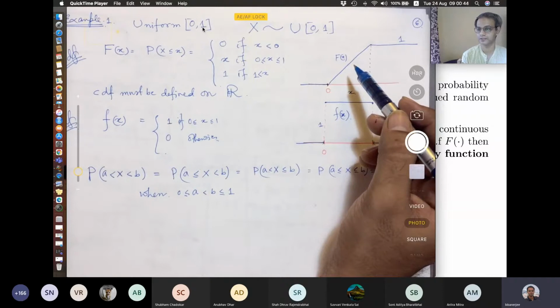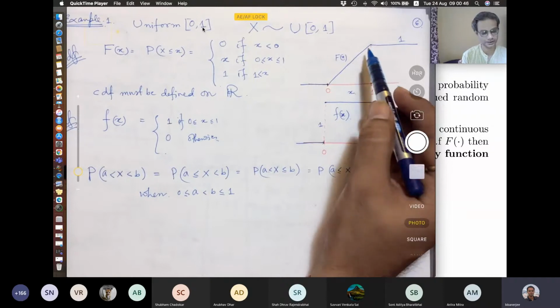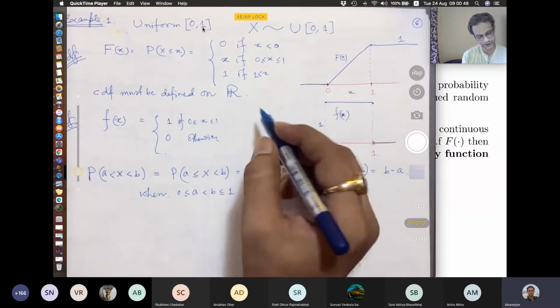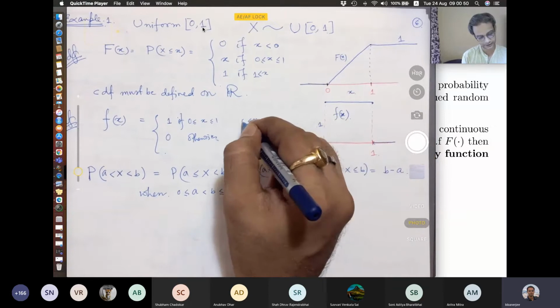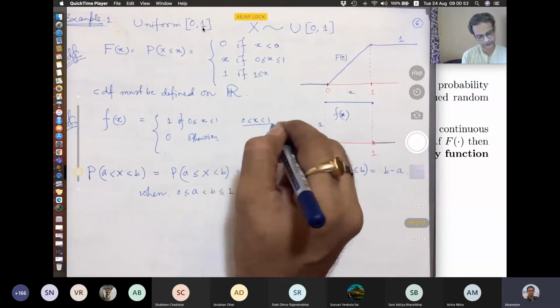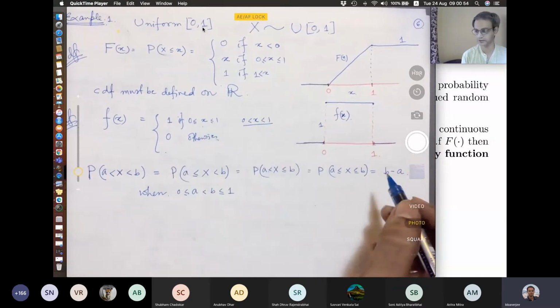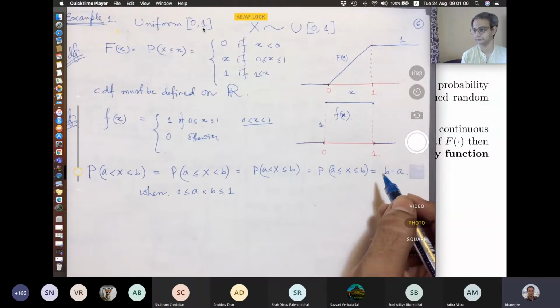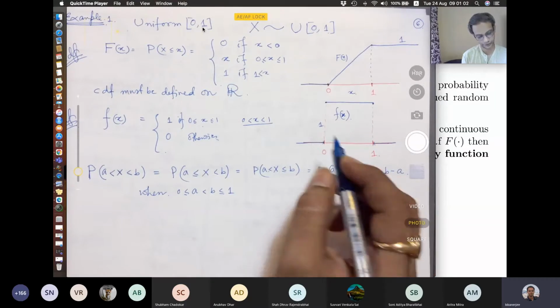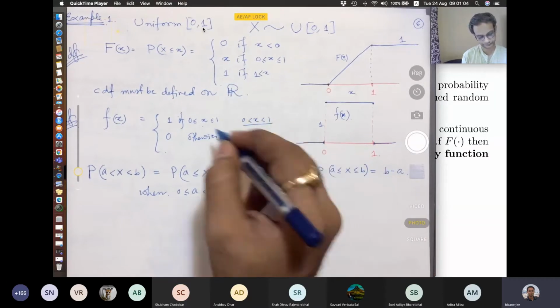Fx is 0, but there is no jump. So if you write it either way, both are correct. No problem with that.